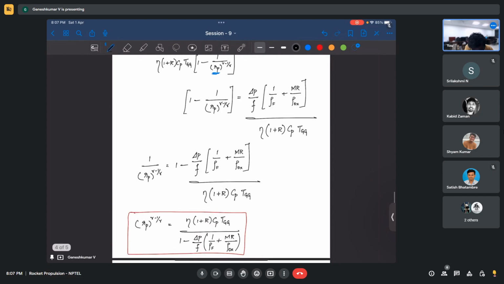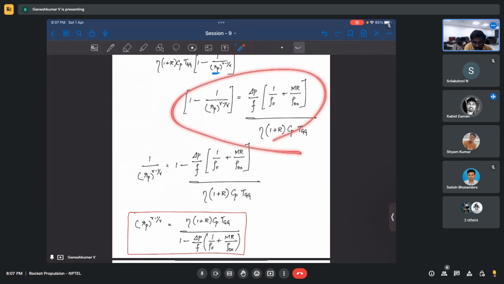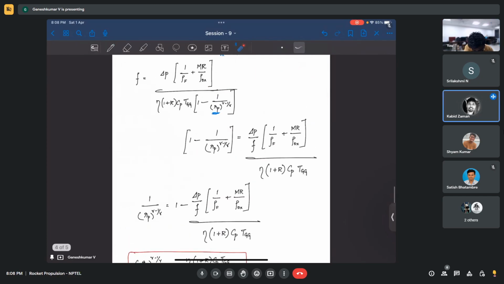Okay, the third one from the bottom. So we are rearranging. So 1 by Rp is going to the right. From the third to the second last, how did that transformation happen?